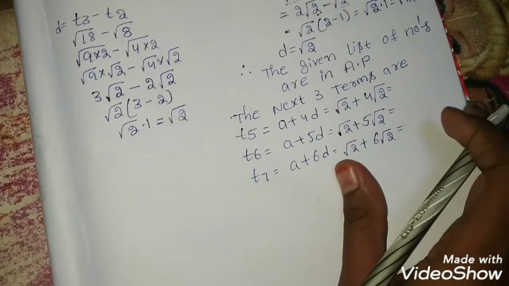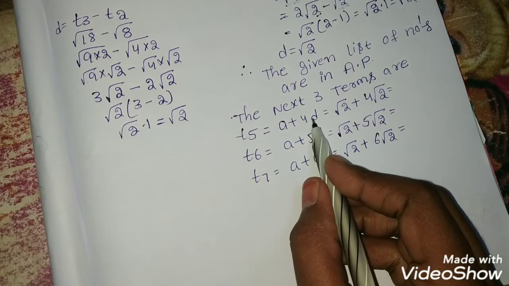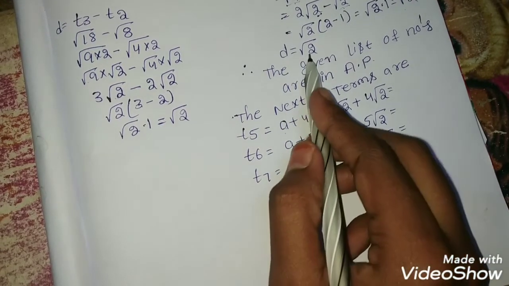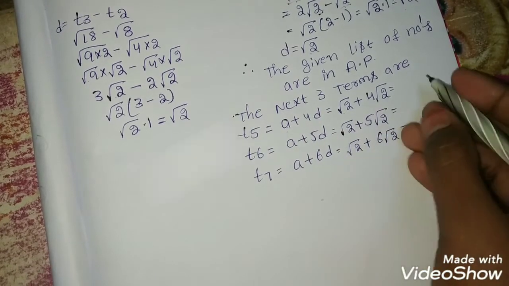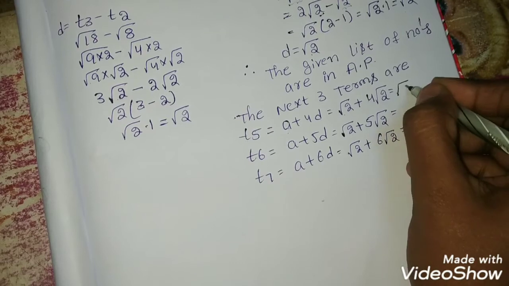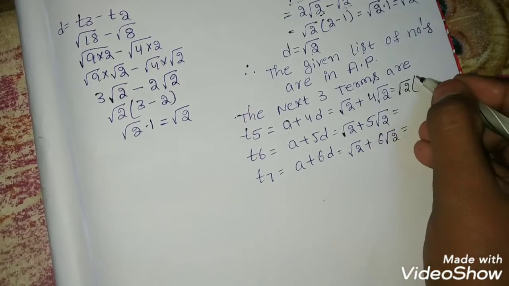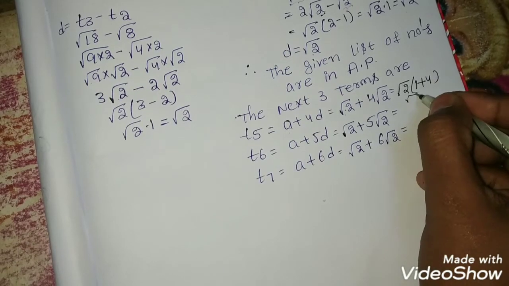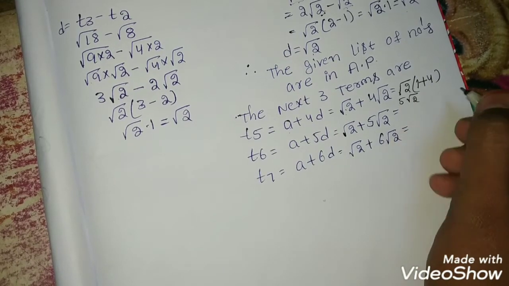So now T5 is A plus 4D. What is A? A is root 2. What is D? Root 2. So root 2 plus 4 root 2. Why don't we take root 2 as common, and the remaining numbers are 1 plus 4. We get 5 root 2. Right?